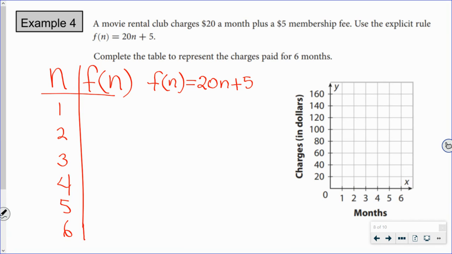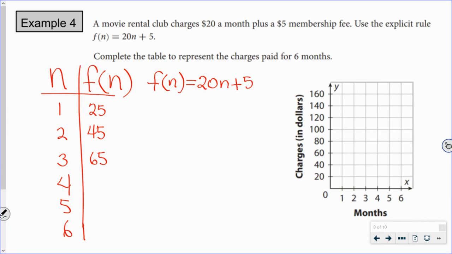So if I input a 1, I get 20 times 1 plus 5, which is 25. If I input a 2, it's 20 times 2 plus 5. So 20 times 2 is 40 plus 5, so 45. 20 times 3, which is 60 plus 5, which is 65. What's happening here in my sequence? What do you see happening? It's actually gaining by 20 each time, isn't it?